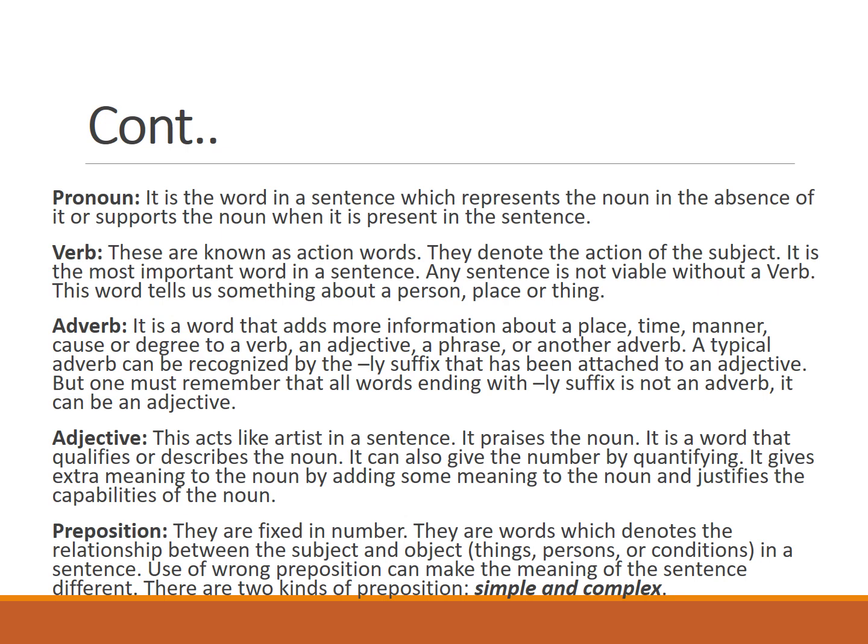They are words which denote the relationship between the subject and object, things, person, or conditions. In a sentence, use of wrong prepositions can make the meaning of the sentence different. There are two kinds of prepositions, simple and complex.